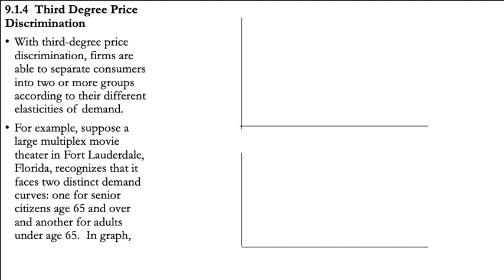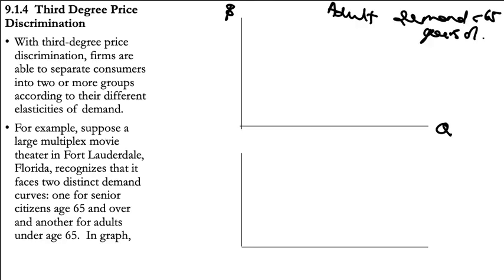Now let me put it in the form of a graph first before we analyze it thoroughly. So let's draw the first graph. Here I put price and I put quantity here. Here is the adult demand, and the adult demand here is for those who are less than 65 years old. Those below 65, especially in Western countries, are still working.